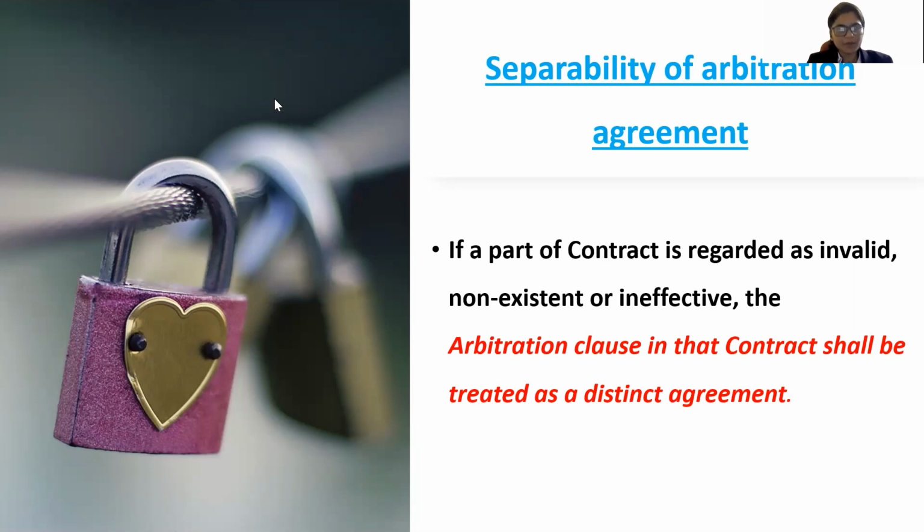Although the arbitration agreement could be treated as a separate term, and the invalidity of the other terms does not invalidate the arbitration clause in such a contract. Hence, the arbitration clause in the contract shall be treated as a distinct agreement, and the disputes which have arisen with reference to that contract could be resolved and referred to the arbitration process.